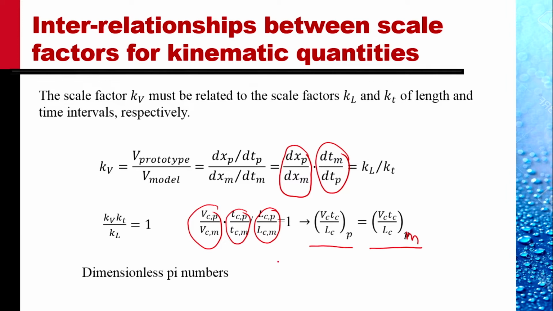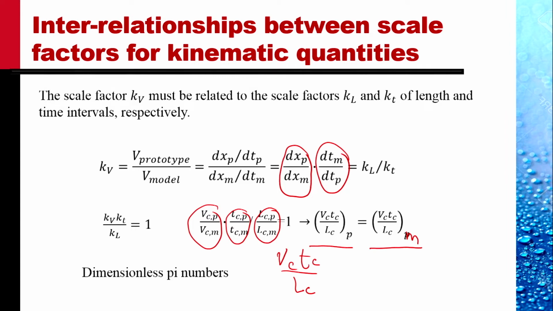Vc Tc by Lc is then called a pi number. It is dimensionless, the way we have constructed it.